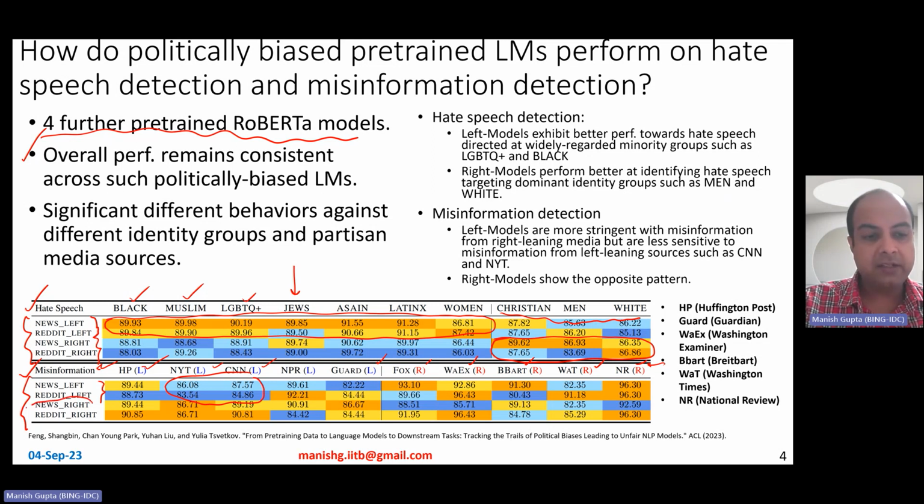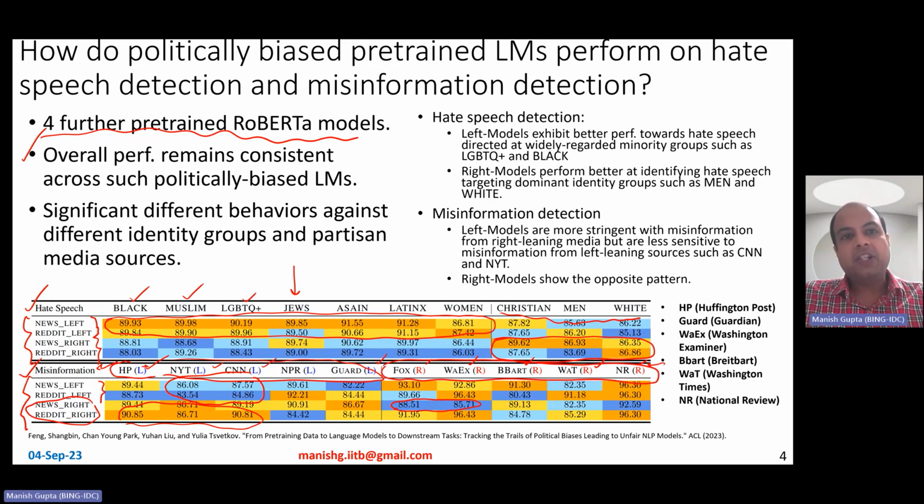While if you look at the right ones, you observe that they are less stringent towards right-leaning media, and more stringent towards the left-leaning media. Left or right inclinations for these various newspapers are also labeled here, right? So essentially this part is about left-leaning newspapers, while this part is about right-leaning newspapers.